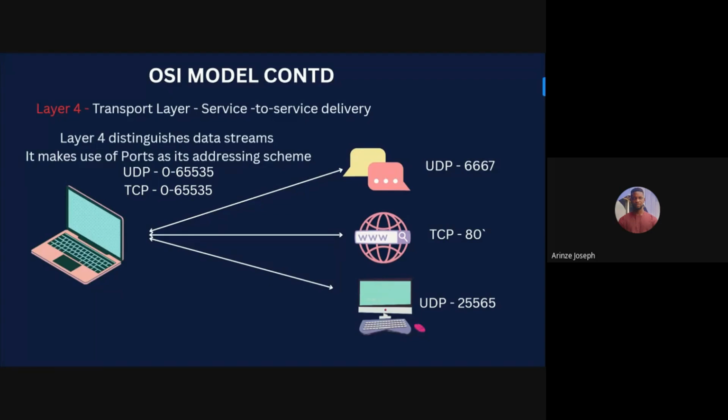Then UDP is connectionless. It doesn't need a connection, so you might not even get the whole information. For example, you are making a WhatsApp call with a friend. The port in charge of that communication does not establish a connection. It's a connectionless protocol.